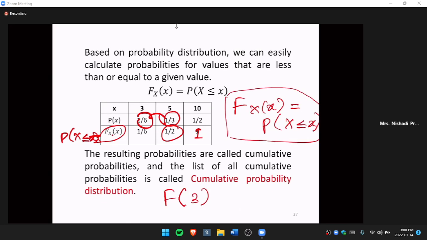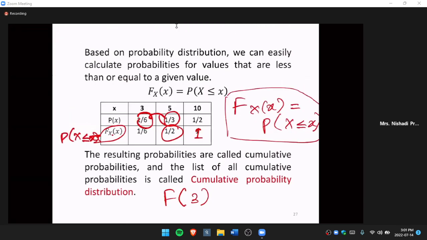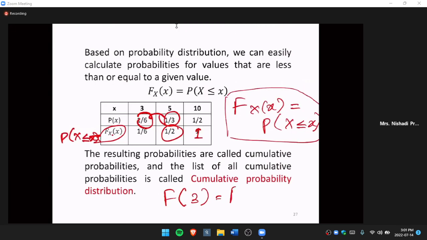Capital F means cumulative probability distribution when x equals 3. Or you can write this as F of x when x equals 3. Both are correct. Or you can write F x equals 3.